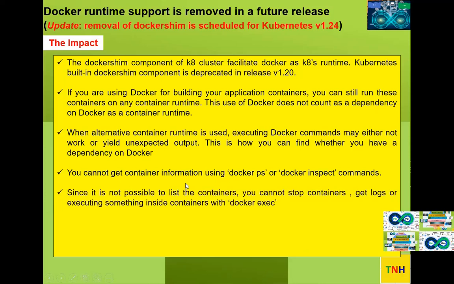Since it is not possible to list the containers, you cannot stop containers, get logs, or execute something inside containers using docker exec. They're telling you to use the Kubernetes API to stop a container. You can use kubectl and the Kubernetes API, and issue the commands against the kube API.